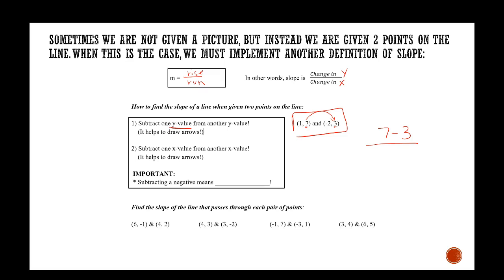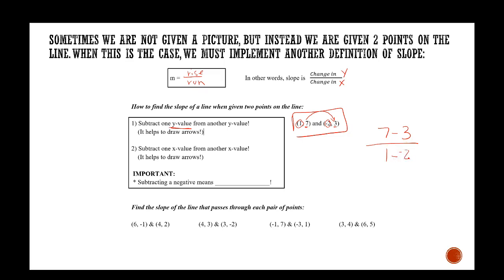Now, when I go to do my change in x's, the only important thing is that I do it in the same order. Your x values are 1 and -2. Because I went from 7 to 3, I have to go 1 to negative 2. I can't do them out of order. So this is 1 minus a negative 2.